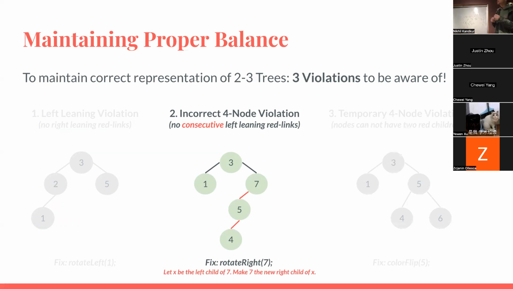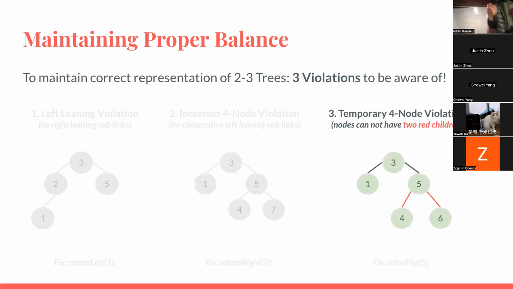And we always rotate on the top red link's parent, right? So in this case, the top red link parent is going to be this one, right? So we rotate right on 7, and we make 5 the left child of 7, and then we just rotate it. Bam, 7 becomes the new right child of 5, and then we connect it back to the tree, and now we have finished that rotation.